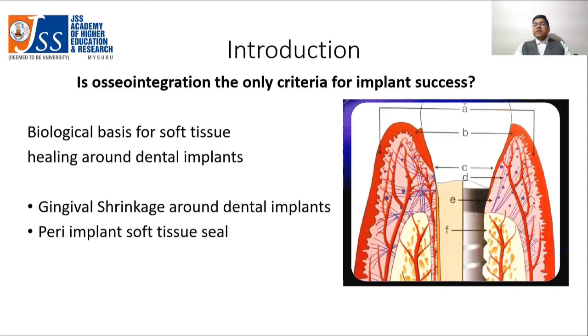However, these fibers are arranged in vertical direction on the implant side, whereas on the tooth side, it would be more of horizontal fibers which would attach to the cementum, and thereby it gives more support to the soft tissues.